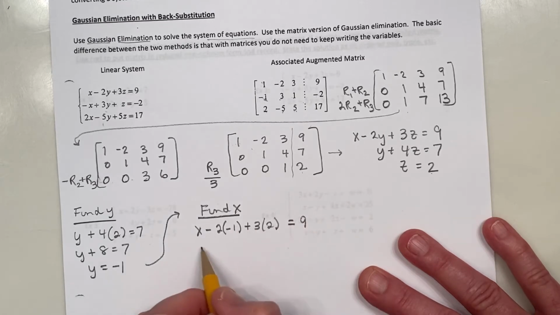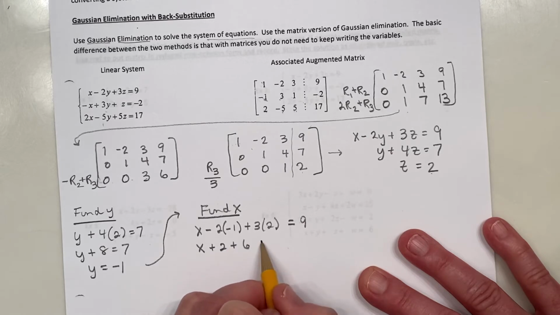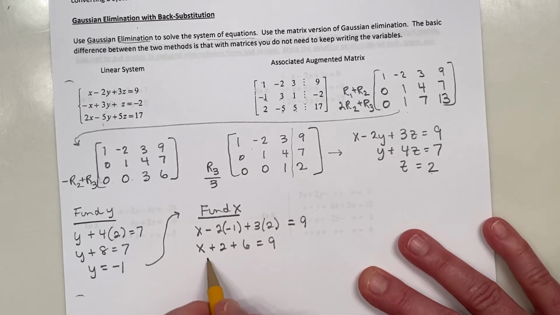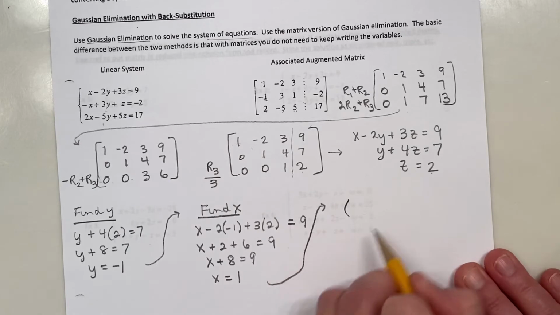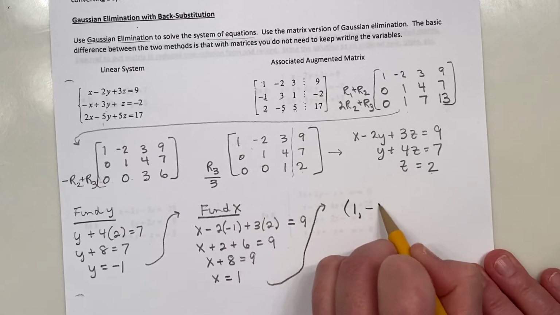A little cleanup over here. So x, remember this is plus 2. This is 8. Subtract an 8 and I got 1. So our ordered triple, which is the solution, is 1, -1, and 2.